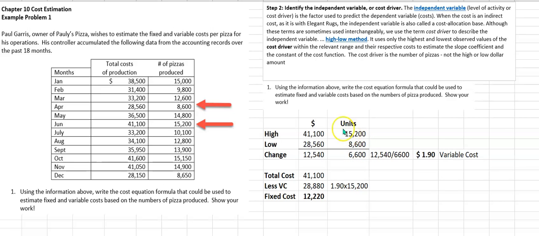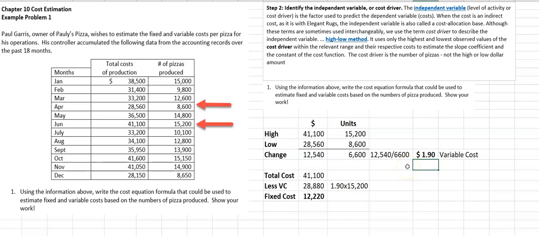For 15.2, my dollars are 41.1, and for 8600, my dollars are 28.560. So the difference here is 12,540 in dollars and 6,600 in units. So dollars divided by units gives me $1.90 variable cost.